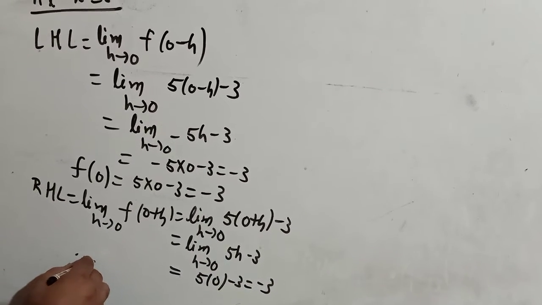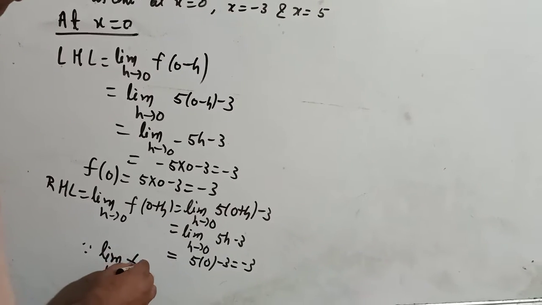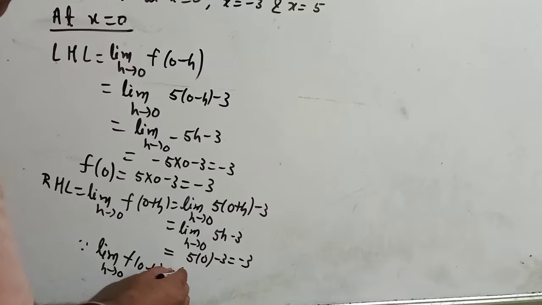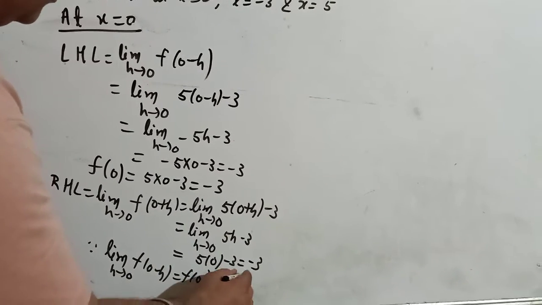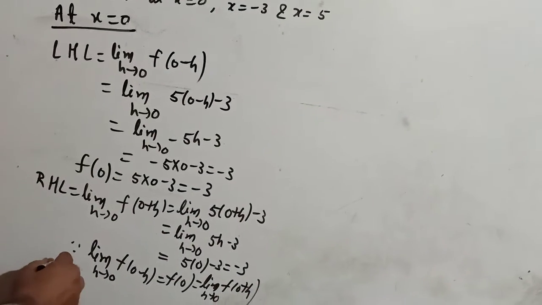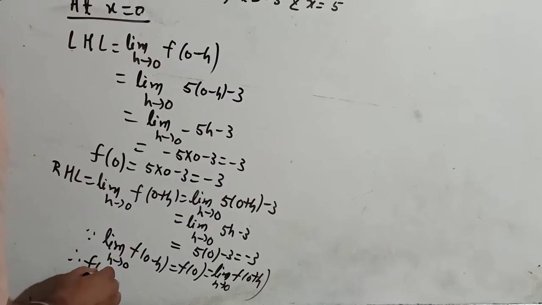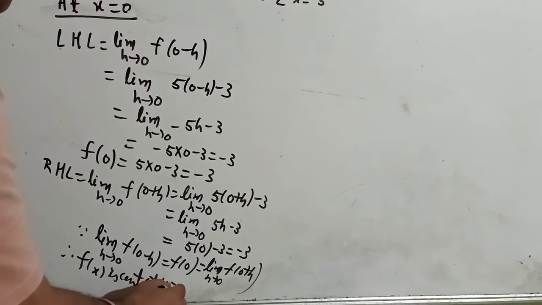Since limit h tends to 0 f of 0 minus h equal to f of 0 equal to limit h tends to 0 f of 0 plus h, all three are equal: minus 3, minus 3, minus 3. Therefore, f of x is continuous at x equal to 0.